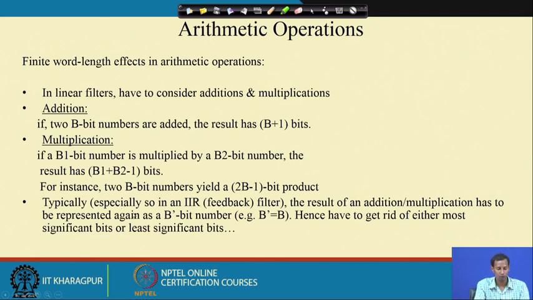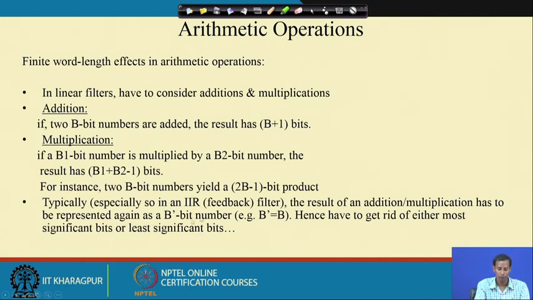Then typically, for an IIR filter, the result of an addition or multiplication has to be represented again as b bits. Hence, we need to get rid of either the most significant bits or the least significant bits.